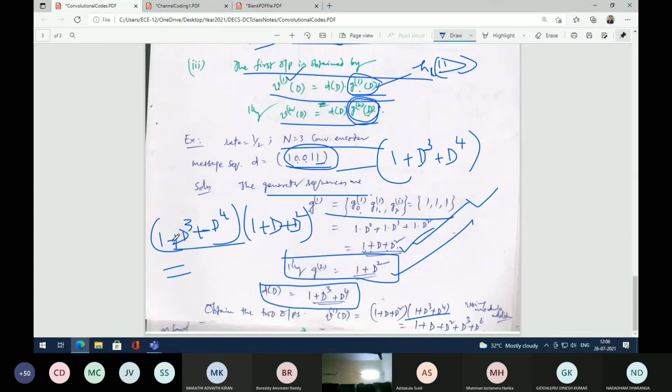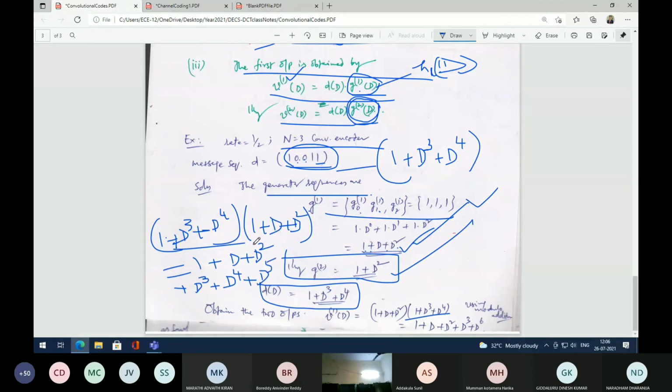So 1 plus 1 is 1. For the first one you get 1 plus D square. For the next one, plus D cube, plus D to the power of 4, plus D to the power of 5.